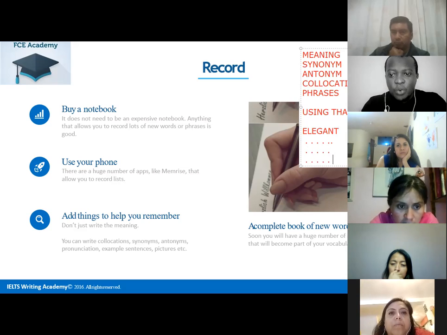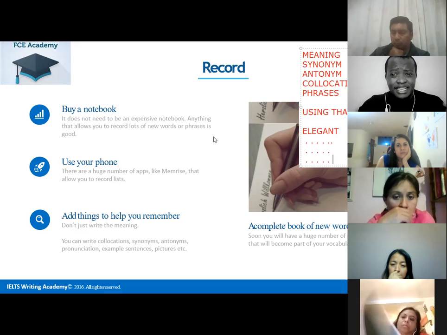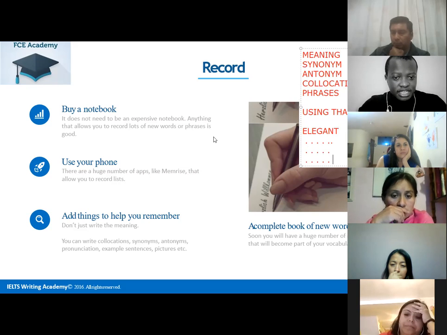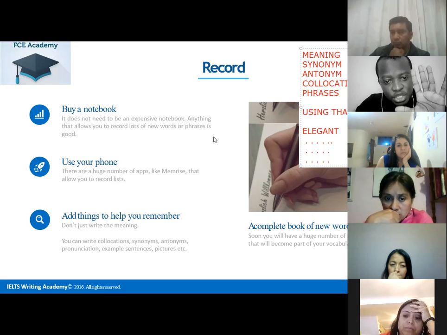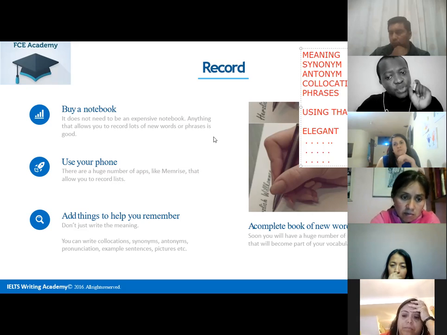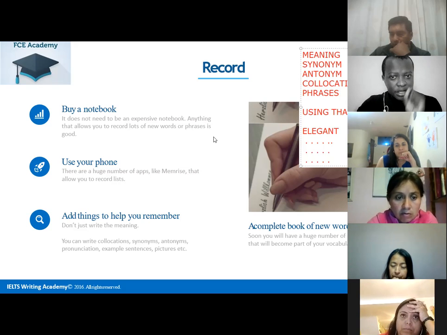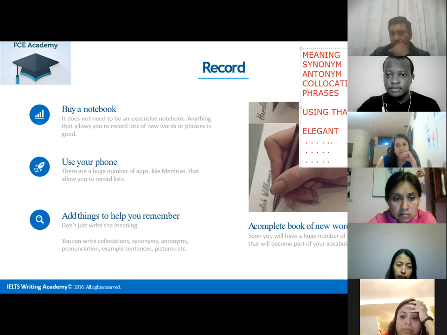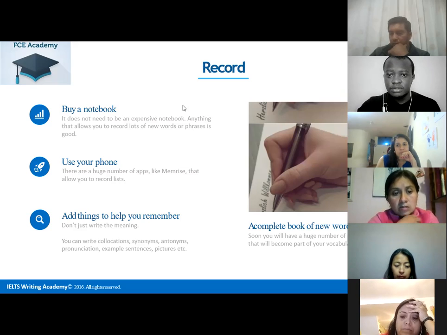You write it down. What are the phrases used with the word elegant? You write it down. So from one word, you can learn 5 new words, but you have to make notes. It's important that you make notes, okay? So let's continue.